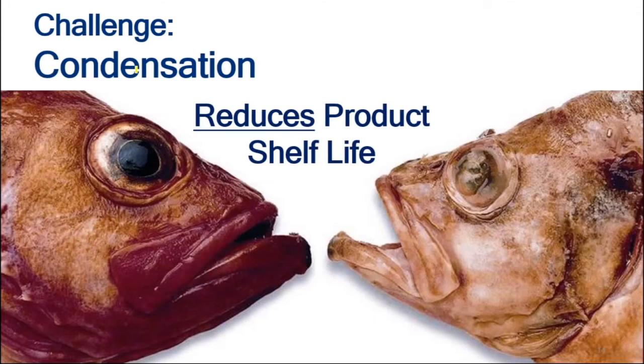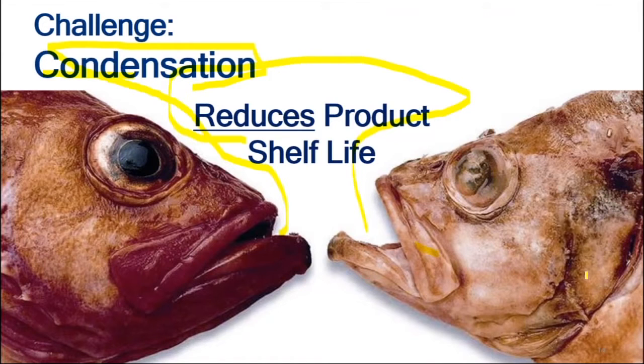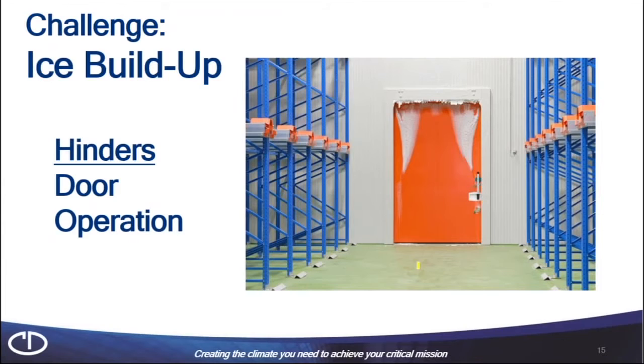But additionally, this condensation, as this one would say, reduces the shelf life. So we have a challenge in condensation on our product. We have ice buildup throughout this portion of the facility. It's going to even hinder door operation to get in and out of the freezer.